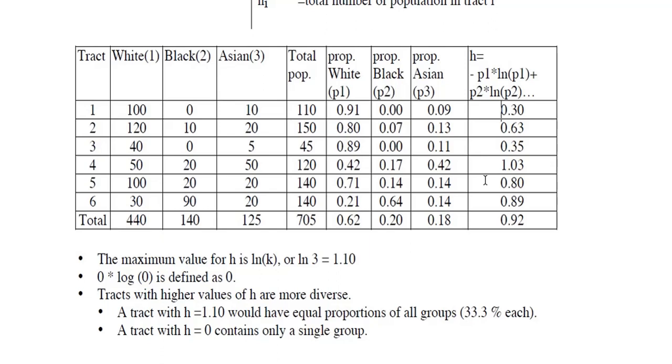Based on that map you can identify which tracts have a higher concentration of different groups and which tracts have a single group dominance. So you will have an idea of the segregation in your city.